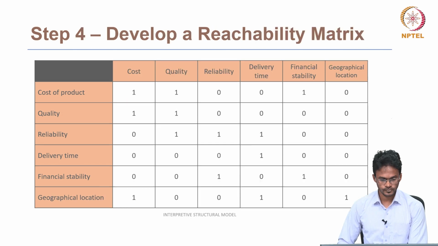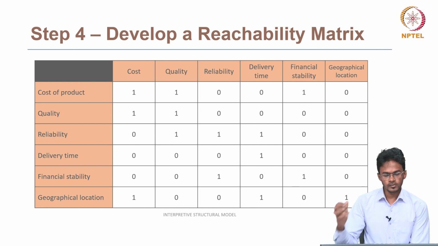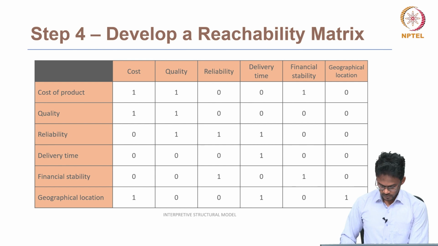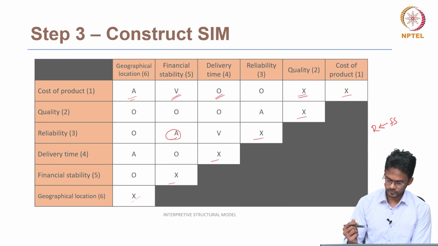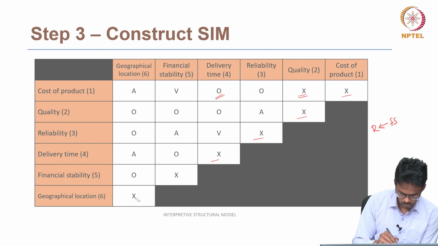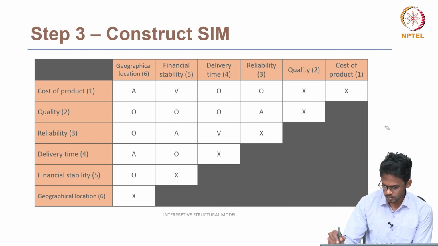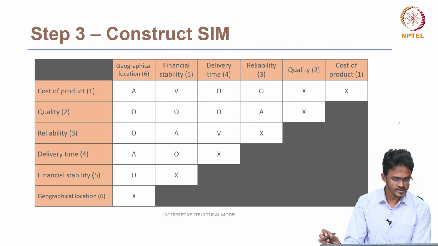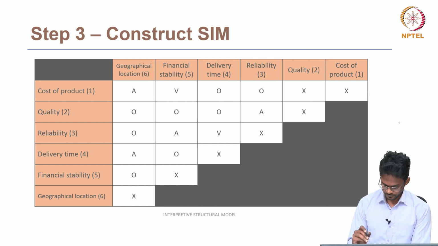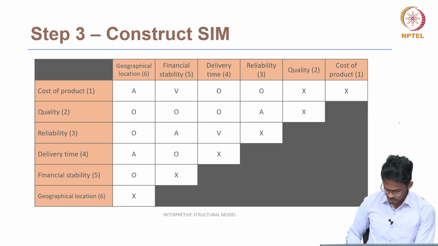The next step is developing a reachability matrix. Depending upon the relationships in the self interaction matrix, we have to develop a reachability matrix. If we look at the self interaction matrix, the relationship between cost of product and geographical location is A. It means that cost of product does not directly influence geographical location.